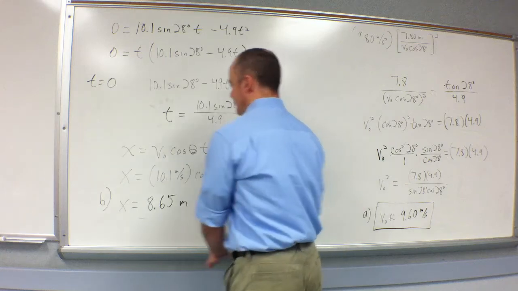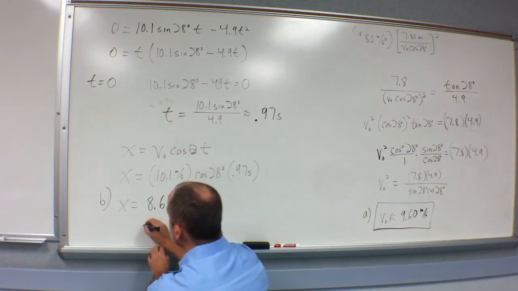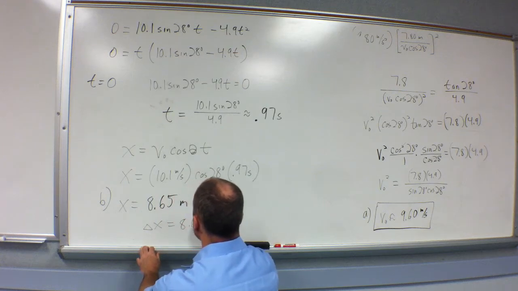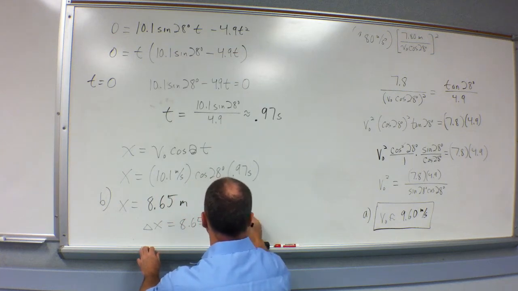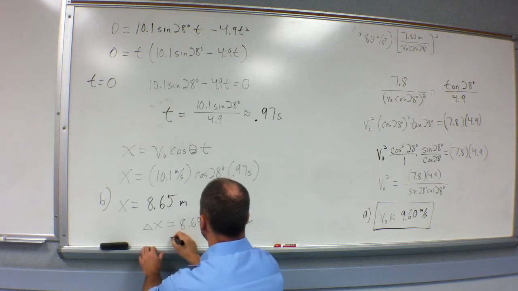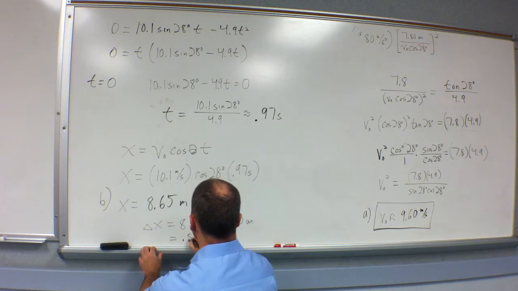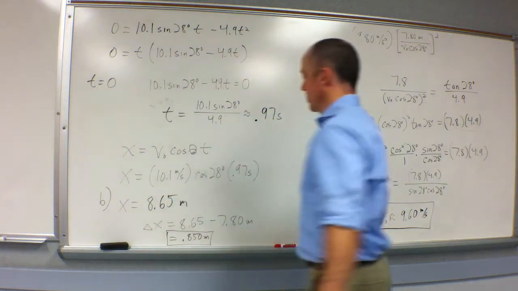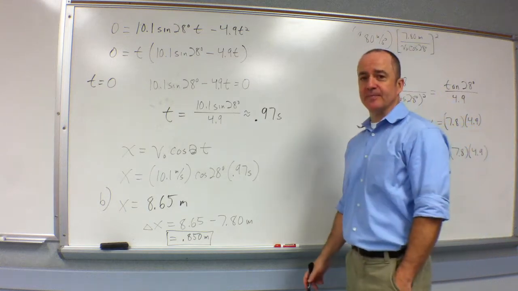B. So your answer would be, your change in length, delta x, would be 8.65 meters minus 7.80 meters, which is 0.850 meters. That's your answer to part B.